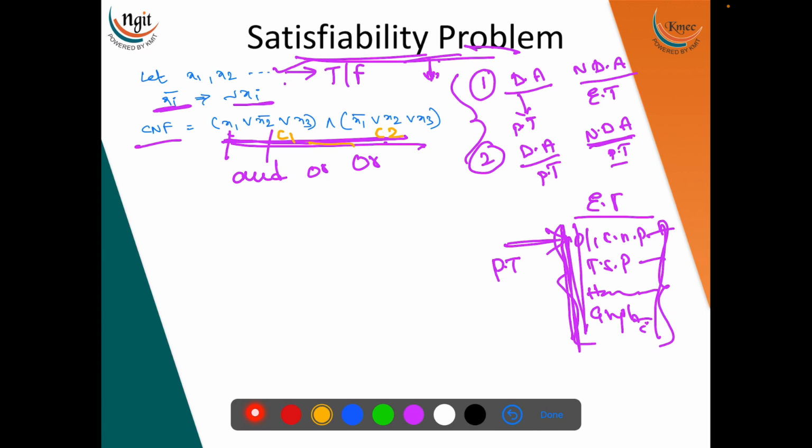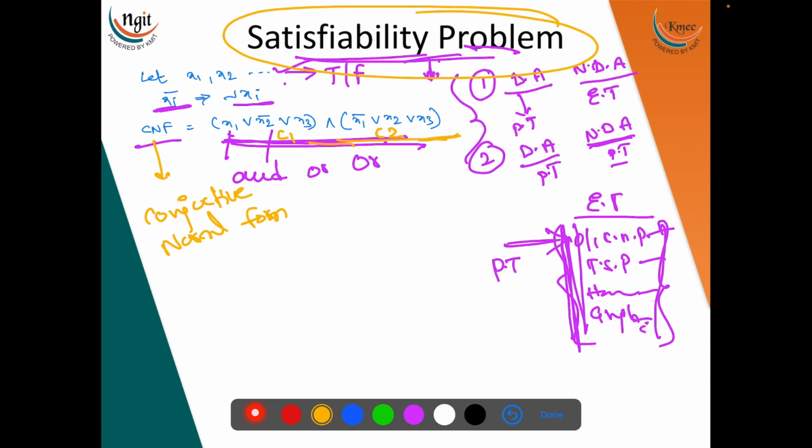A formula is in conjunctive normal form. The satisfiability problem is to determine whether a formula is true for some assignment of truth values to the variables. CNF satisfiability is the satisfiability problem for CNF formulas. This is the definition. Satisfiability problem is to find out for what values of xi this formula is true.